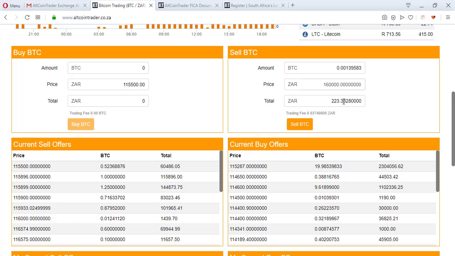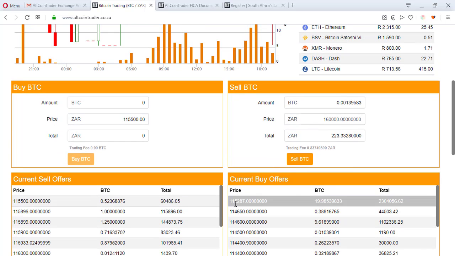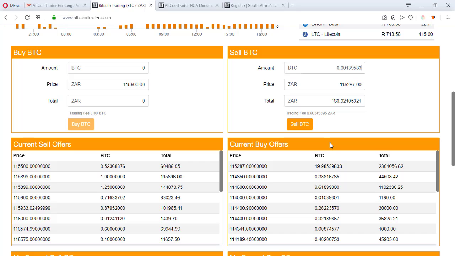But if it doesn't get to that price, my order will remain as pending. Okay? But now I don't want my order to remain as pending. What I want is to buy Bitcoin at this price that this guy is selling here on top. So when it's like this, I can click on sell Bitcoin and my order will be fulfilled.